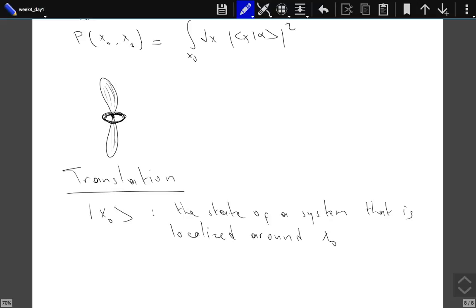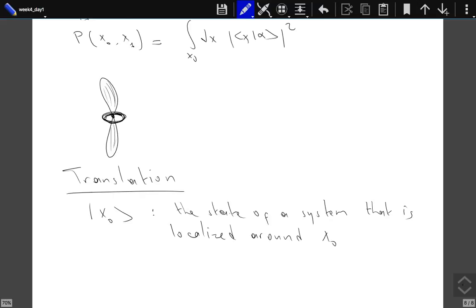That's how I define it. I mean, it's not the position. It doesn't have to be a position eigenket. But I'm just saying that, okay, let's just take this ket. It might have some distribution in position, but that distribution is kind of localized around one point.